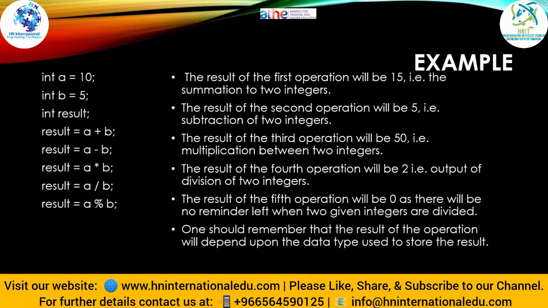So let's see an example of a computer program in which we have two integer values. The integers are named A and B, and their values are 10 and 5 respectively. We have a variable named result, and we have identified its data type as int.